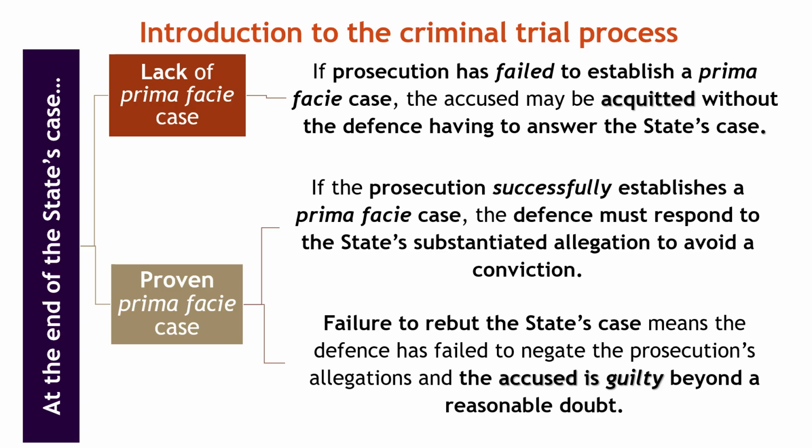But what is required, if at the end of the state's case there is prima facie proof of wrongdoing, is that if the defense now fails to rebut this proof, the court may well be satisfied that the state has proven its case beyond a reasonable doubt, and the accused may on that basis be convicted.